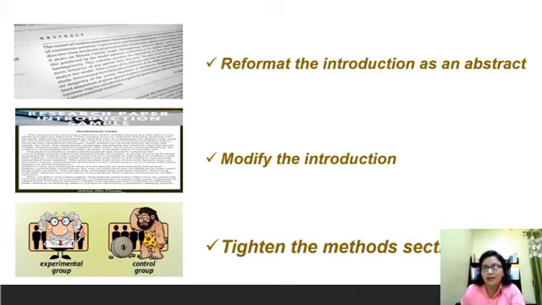Next step is tighten the method section. Often, there is no need for an overly descriptive method section. While concerns surrounding reproducibility are becoming increasingly important, you may want to keep your method section succinct and certainly remember your audience.